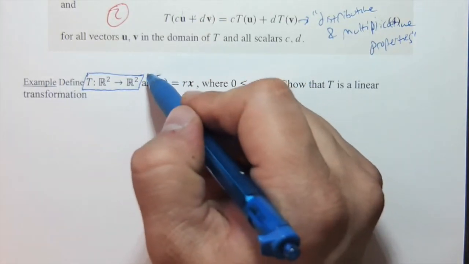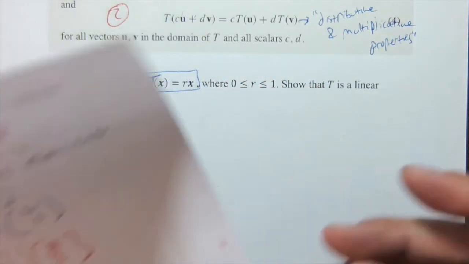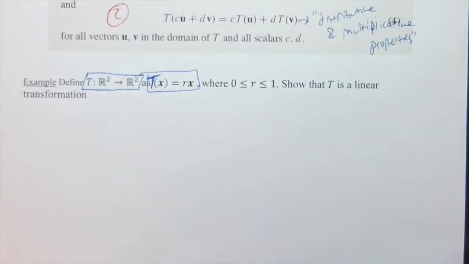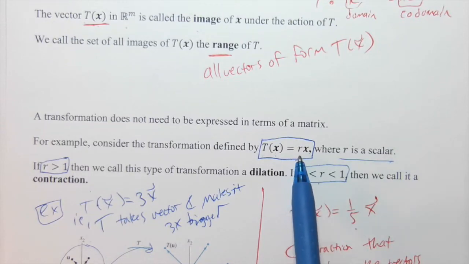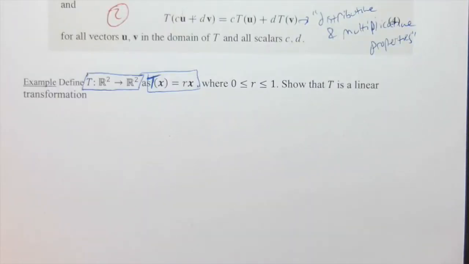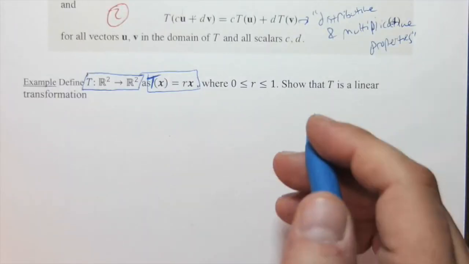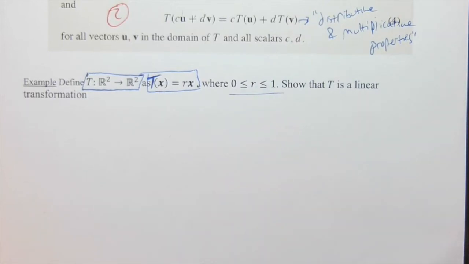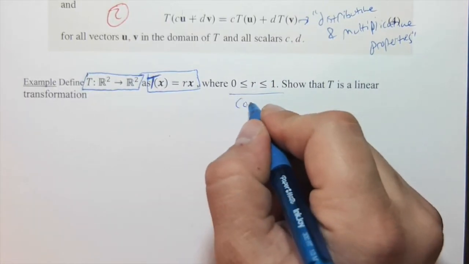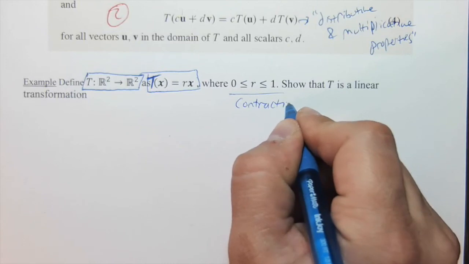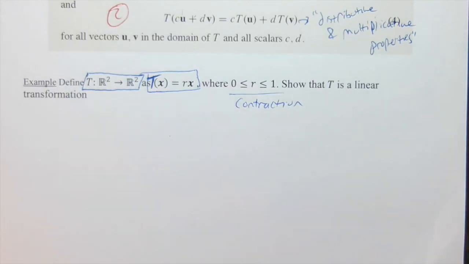And so here's our linear map from two pages ago, T of x equals rx. So we're looking at this same contraction or dilation mapping. And since r is between 0 and 1, it's actually a contraction. Let's show that this is actually a linear transformation by showing it satisfies these two properties.